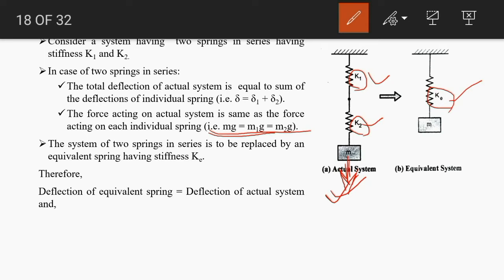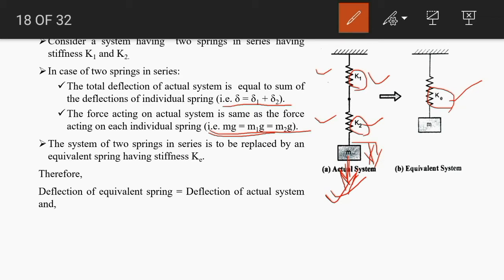Now we can see that the total deflection of the system, let it be delta, would be the sum of the individual deflections of both springs, delta 1 and delta 2. So we can write delta is equal to delta 1 plus delta 2.